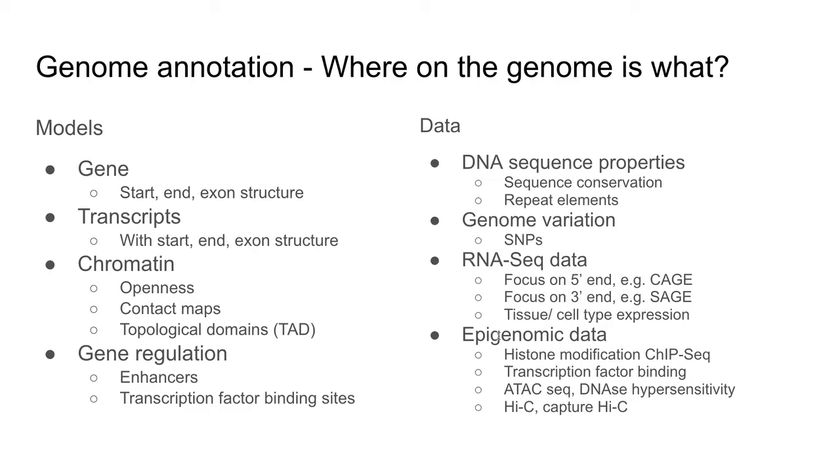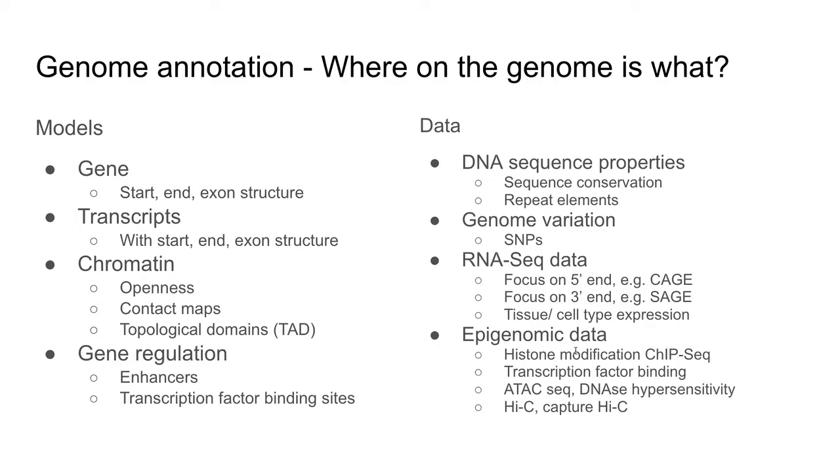And here's primary epigenomic data. For example, we can indicate where transcription factors bind. Transcription factors are proteins that bind to the DNA, and it can be measured where these proteins are binding to the DNA by chromatin immunoprecipitation assays.